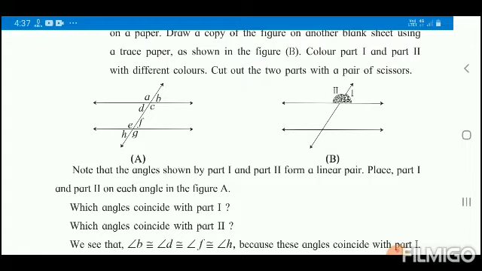Which angles coincide with part 1? You have to see that. Then, which angles coincide with part 2?